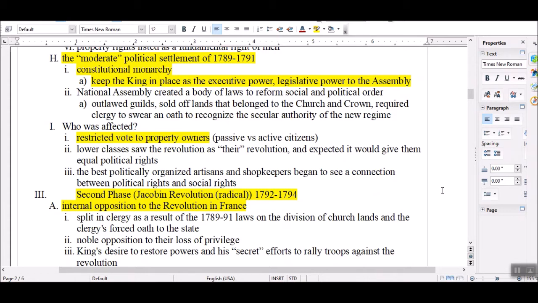The lower classes are going to see the revolution as kind of their revolution, and so they're going to be a little upset about that because they expected it's going to give them equal political rights, and it's not. So that's problematic.